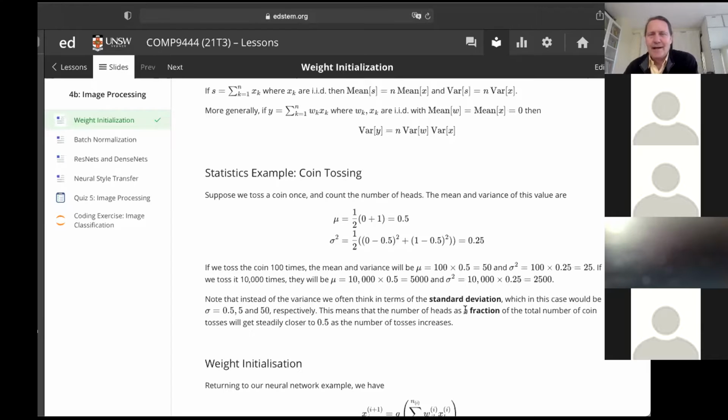And you can figure out the mean and the variance of that Gaussian distribution. If you toss one coin, the mean of the number of heads is 0.5 and the variance is 0.25.